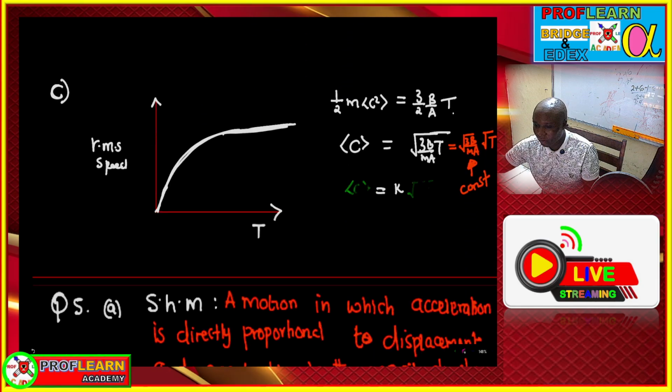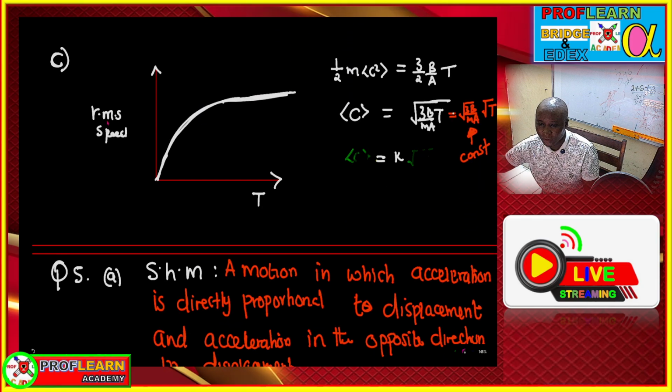The next part is where students were supposed to plot a graph to show how the graph of root mean square speed and thermodynamic temperature looks like. So meaning that from kinetic energy you can make c the subject, and you see c squared, you find a square root, then you are going to have these terms here.